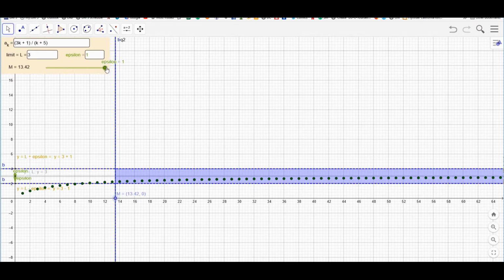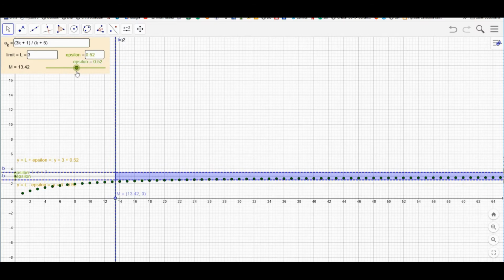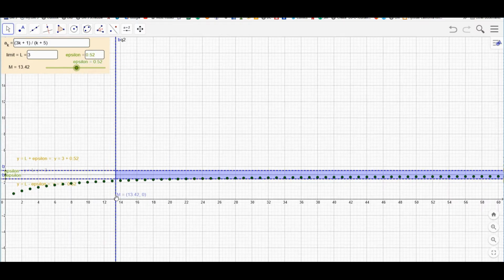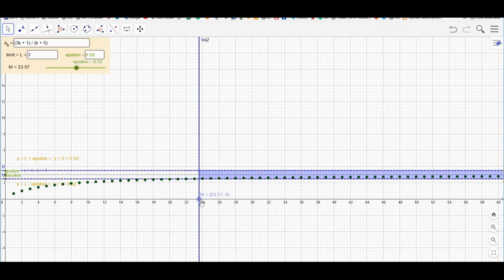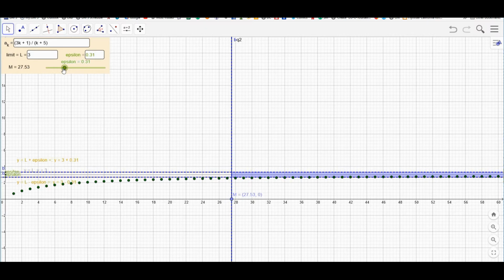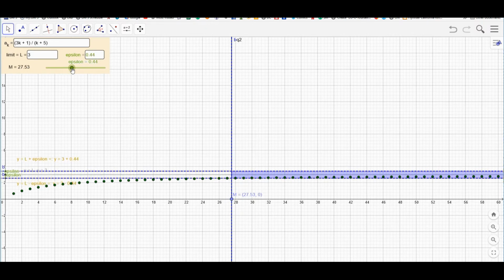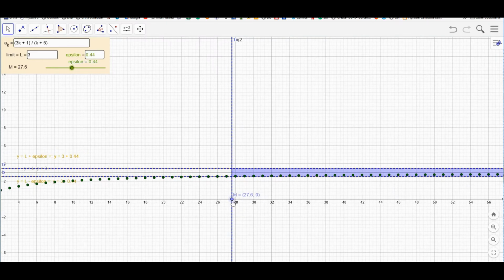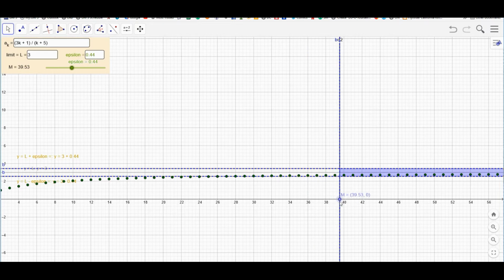And the point is, what happens if we make this smaller? Well, we've got some points outside here. We just pick a bigger m. There's some point out here, and from there on, all of the points are inside that region. And no matter how small we make this, there is an m somewhere out here, so that the points from there on are within that.